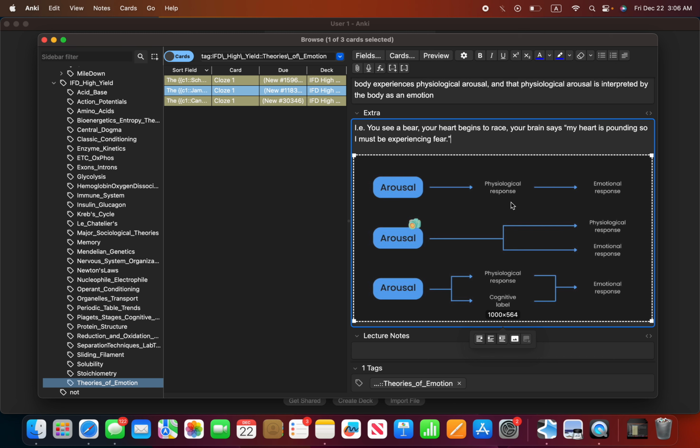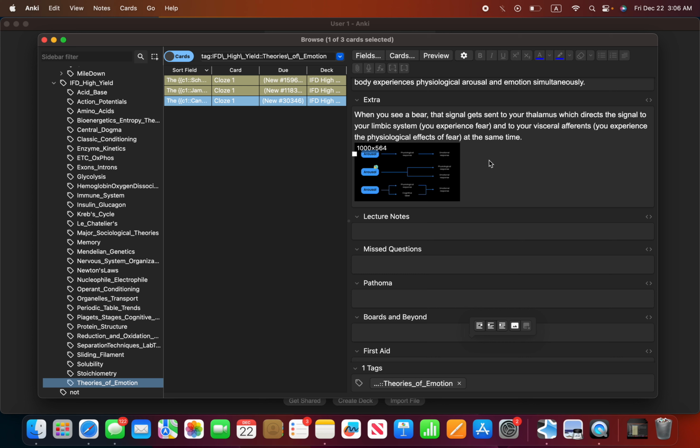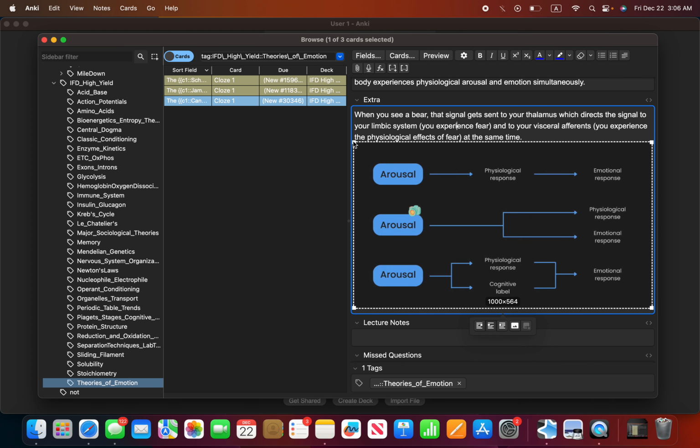And you can see the difference here, right? So the first one should be the Schachter-Singer theory. The Schachter-Singer should be the second one.